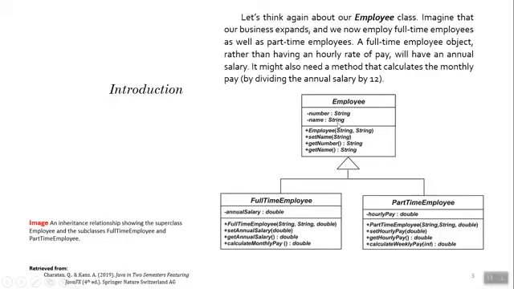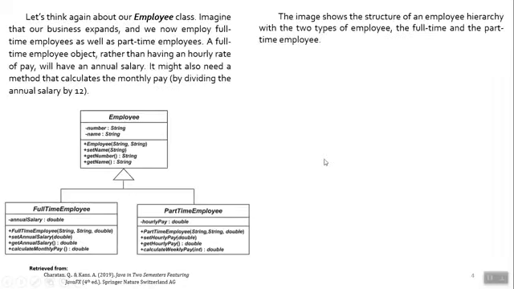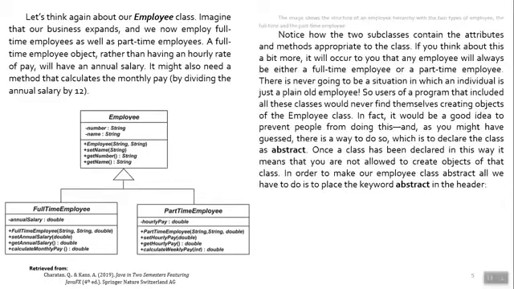Even if we don't write this code in our subclasses or child classes, they would still be able to access these methods. The image shows the structure of an employee hierarchy with the two types of employee, and notice how the subclasses contain the attributes and methods appropriate to the class.